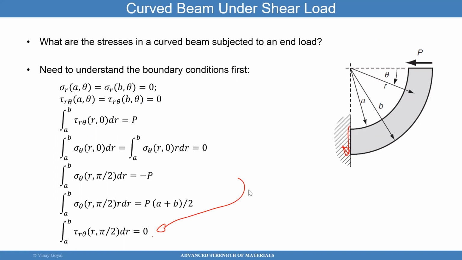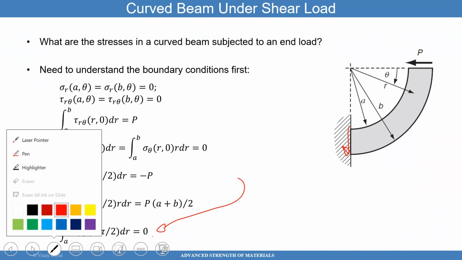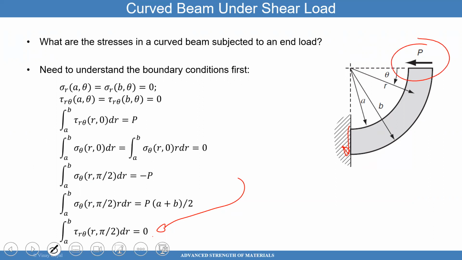But let's look at the moment now. Okay, so there's a moment acting on that surface, and let's understand how that moment is taken care of. So you can see this shear force is going to cause a moment here. And that moment should act in this direction to counteract this force P applied. That's a reaction force there. And that moment is going to have to be that force P times the distance.